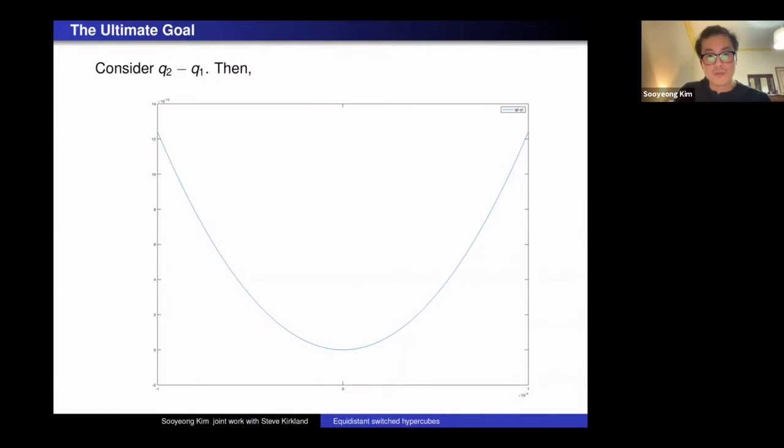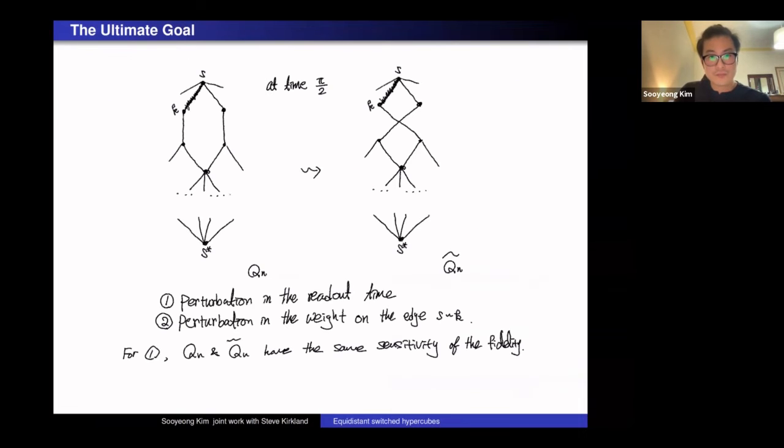Okay, so what we are going to do now is generalize this matching, and define switching based on this matching. So this is our first job.